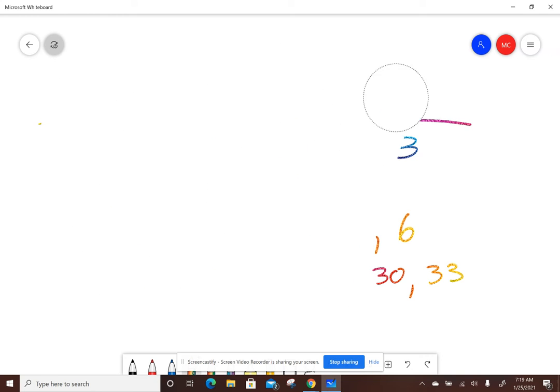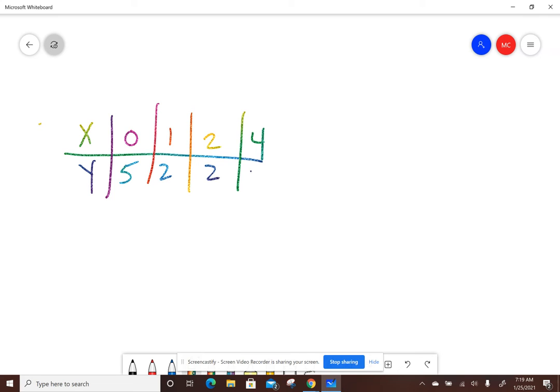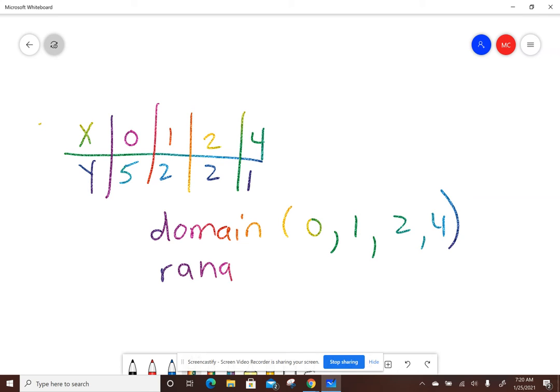Okay, so their input-output table is 0, 1, 2, 4, and they give 5, 2, 2, 1. So my domain would be 0, 1, 2, 4, and my range would just be 5, 2, and 1.